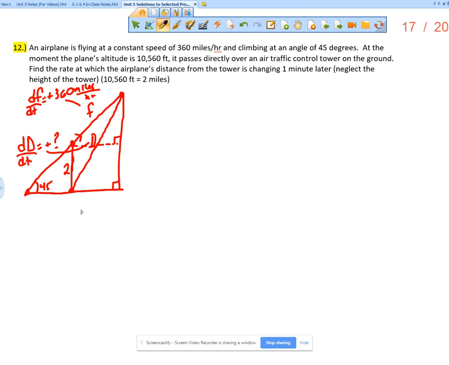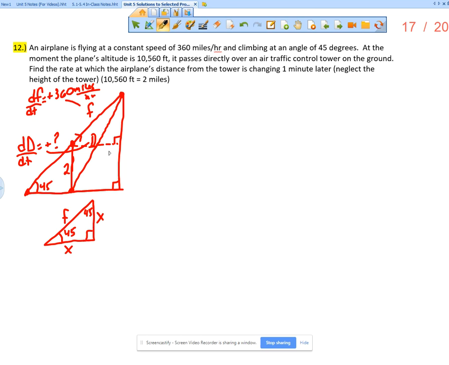So I'm going to take out that smaller right triangle that I just drew. D is not associated with this triangle necessarily. F is the hypotenuse of this triangle. But remember, it was flying on a 45-degree angle. And so this is actually a 45, 45, 90 right triangle. So that means this is isosceles, which means that these two sides are the same.